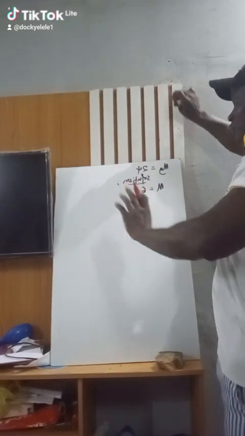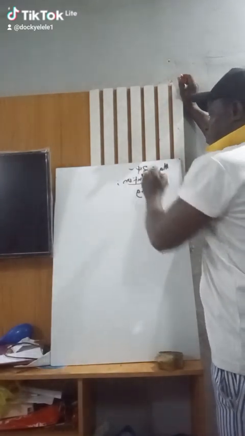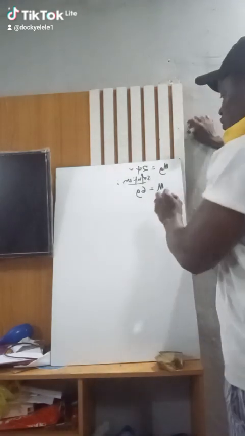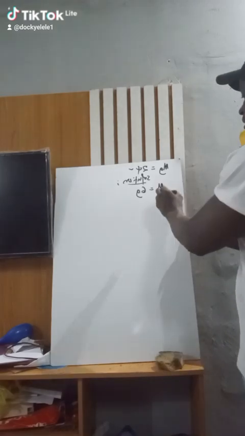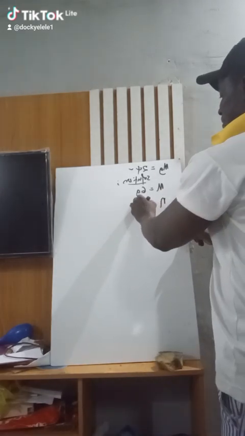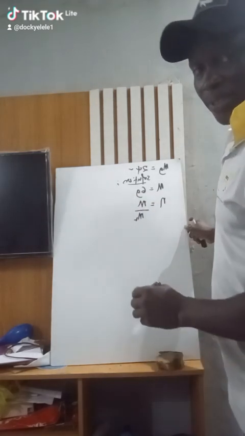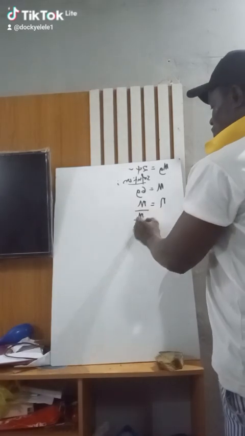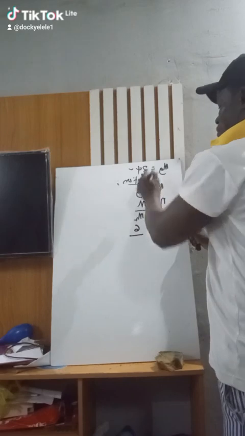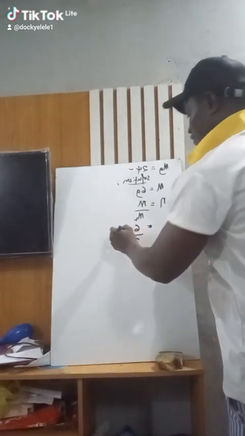Very simple. Mass is 6 grams, and then you are given that the relative atomic mass of magnesium is 24. So how do we solve this question? You just say that number of moles, equation 1, is mass over molar mass. That's your equation 1. So mass is 6, and the molar mass given in the question is 24.